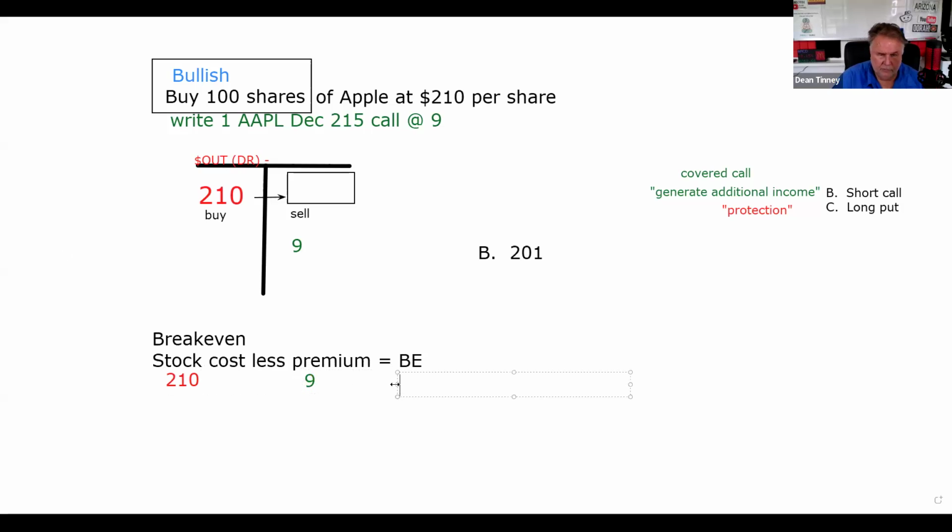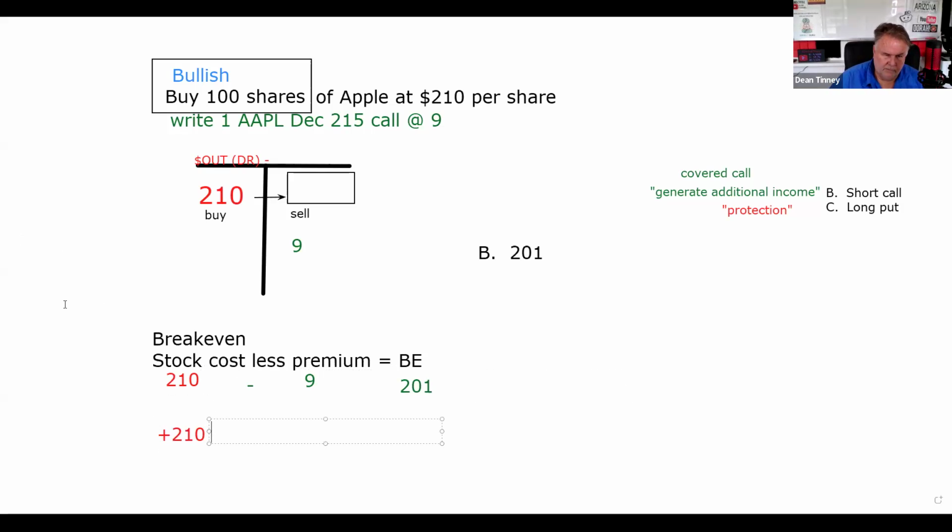Now, again, if you're using pluses and minuses, which I think is a good way to go as well, I'll show it to you that way as well. We could say, okay, well, that's out 210. And here is our hedge, our partial hedge. We are going to bring in 9.